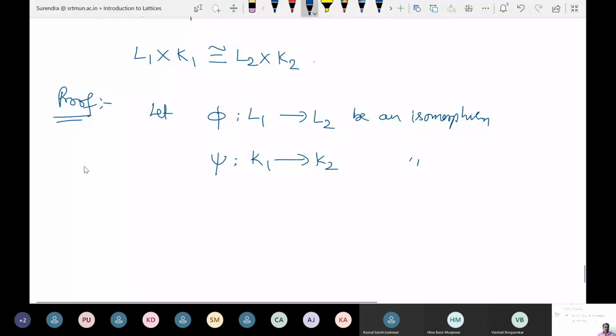Then we want to define, suppose, chi, which maps from L1 cross K1 to L2 cross K2.